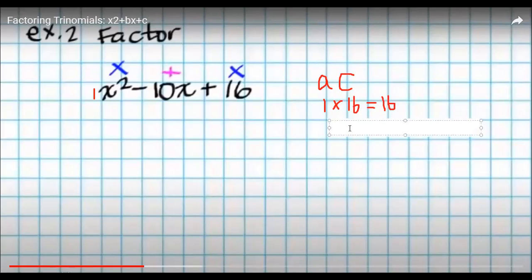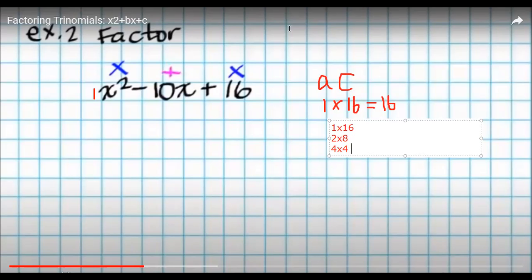The factors of 16 are 1 times 16, 2 times 8, and 4 times 4. As I said, if you have the same numbers, or the same numbers in opposite order like 2 times 4 and then 4 times 2, then you have to stop.